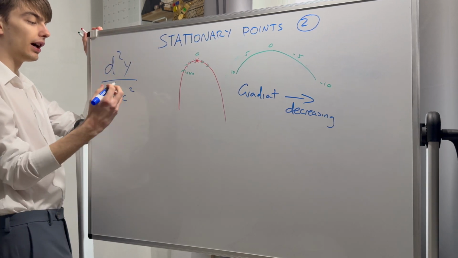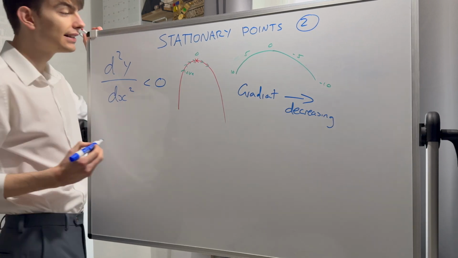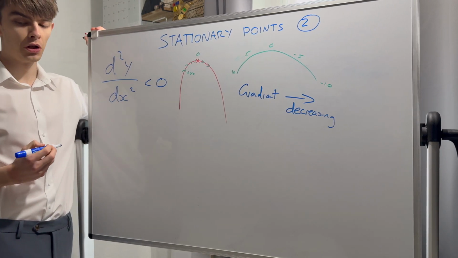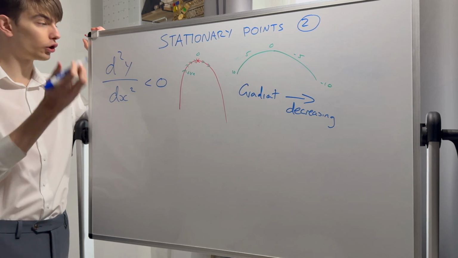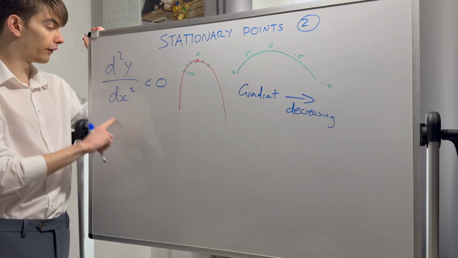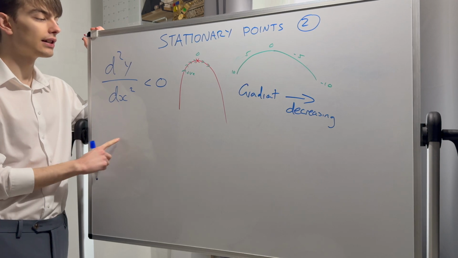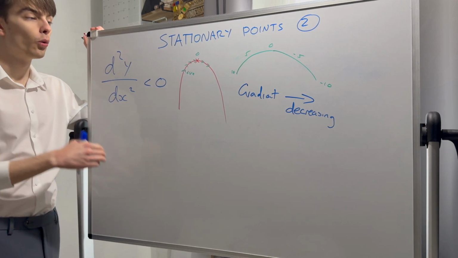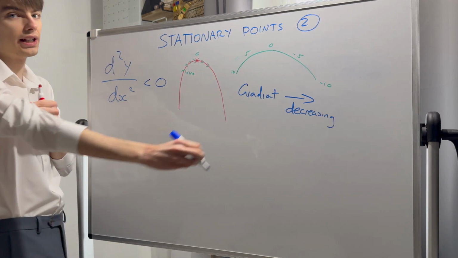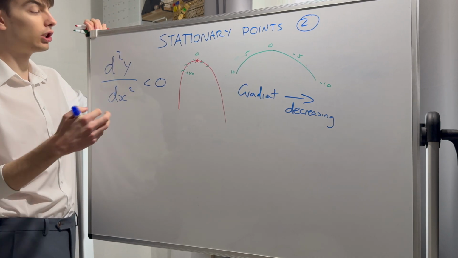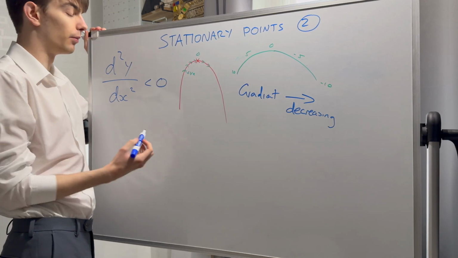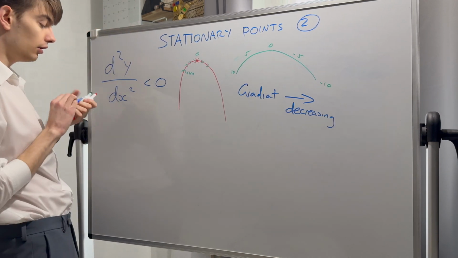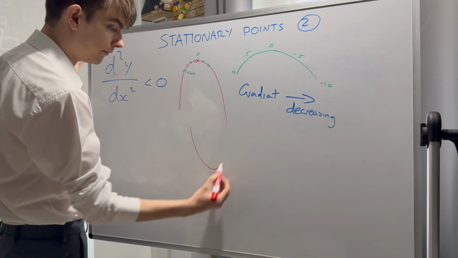My d2y by dx squared is less than 0. So if I have a function and I solve it for d2y by dx squared, and I get a negative value, without messing around with a point on either side and differentiating it like that, we can prove that it has got a maximum point.